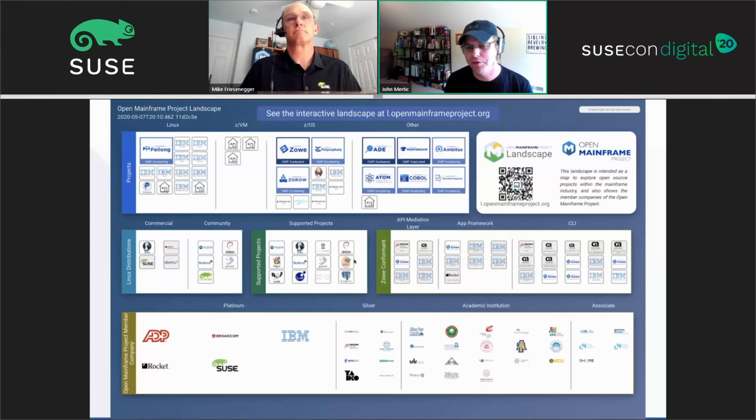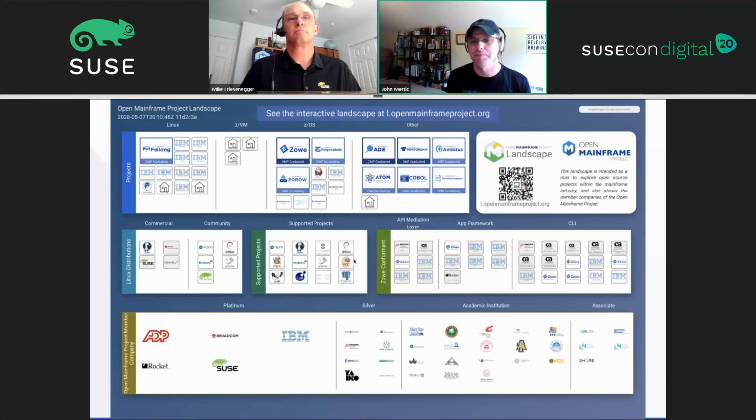But this is a view of what the broader landscape around open source in the mainframe looks like, from a project perspective, from a Linux distribution perspective, from broad open source projects that are supported, from looking at the Zowe ecosystem and what that downstream commercial ecosystem looks like, and just the companies that are behind supporting this effort. Check this out, l.openmainframeproject.org, and share this and contribute to this.